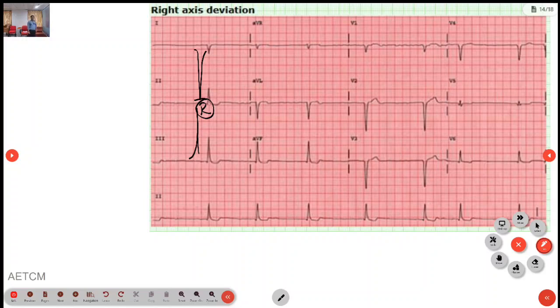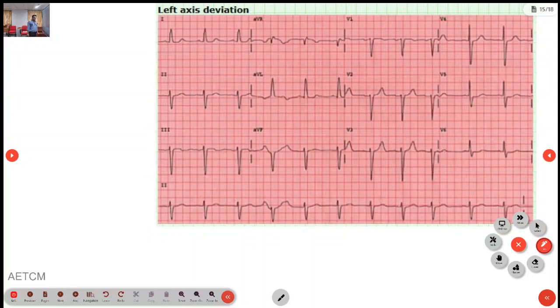If you follow the other method also, it will be almost similar. Now, look at this. It is going like this, it is coming like this, leaving away from the center, that is left axis.